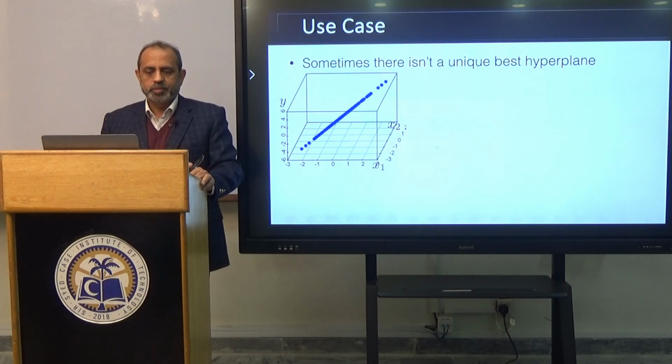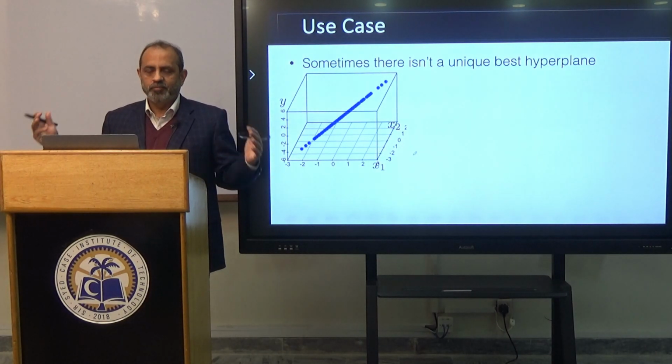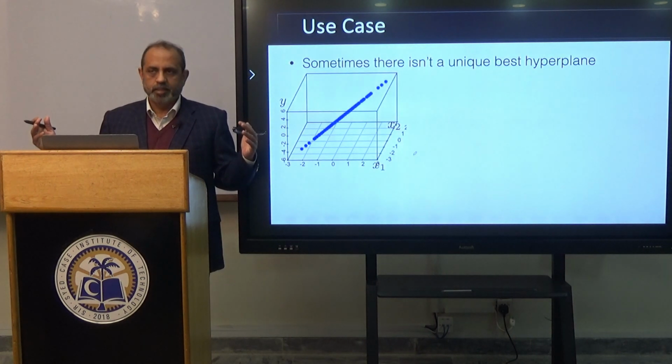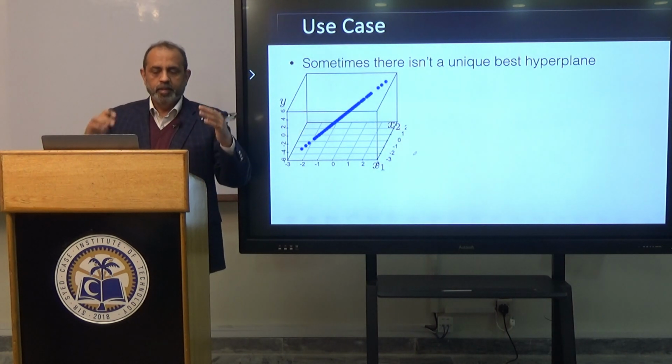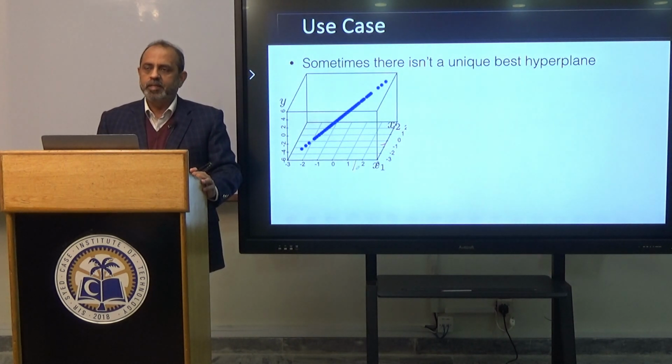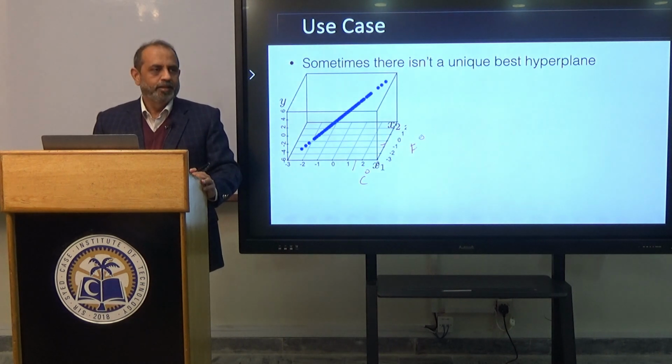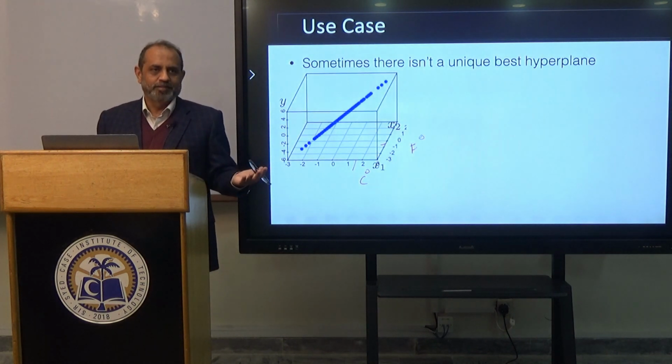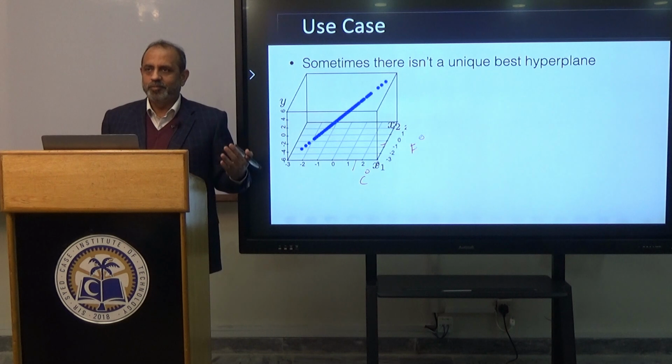But now there are use cases, because with a hyperplane there are so many features, you are not really sure how they are behaving because you cannot plot them. But let's say you can plot them, and you wrongly have two features which are highly correlated, like a temperature in degree centigrade and a temperature in degree Fahrenheit. Both are going to have a relationship, because the relationship is basically a formula.